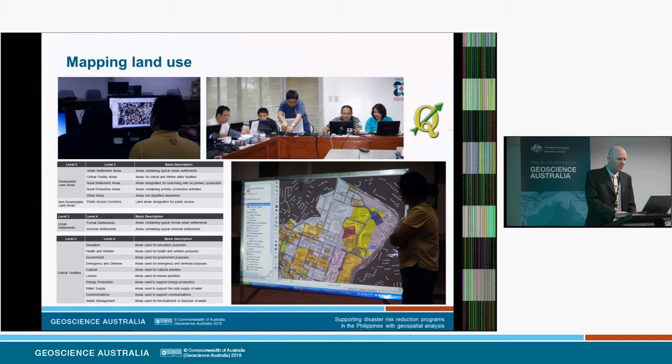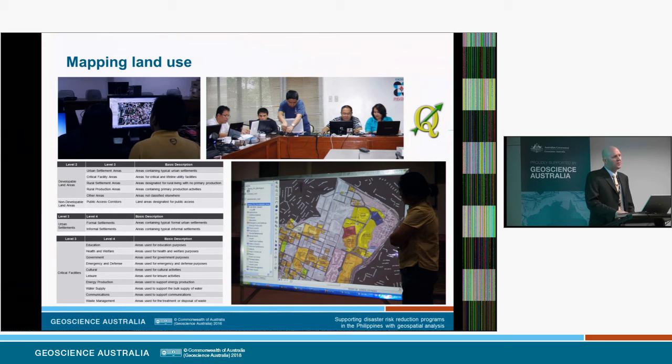Our partners don't actually have access to the same proprietary software that we have in Geoscience Australia. But that was no problem because we picked up on the ever-evolving and maturing QGIS, free and open source GIS software. And it wasn't long before FEVOX had deployed QGIS to every one of their laptops in their agency.